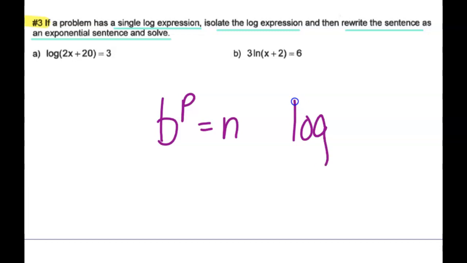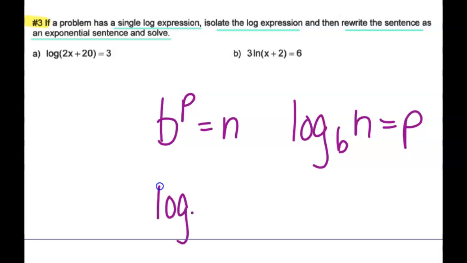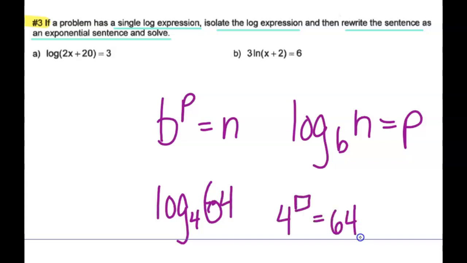The log base b of some number is the power. Some of you couldn't do that on the quiz yesterday. Yet when it said log base 4 of 64, you were all over writing this down for me. Isn't that the same thing?